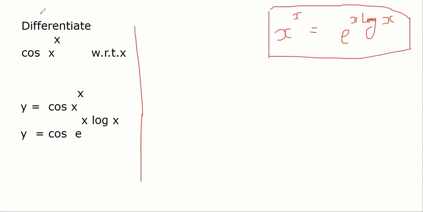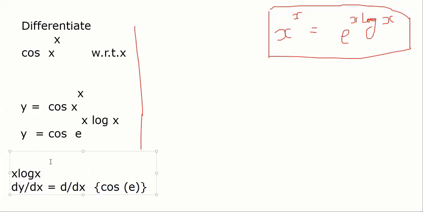So you have to do dy by dx. What will happen? dy by dx means d by dx of whatever function is given, cos of, in the bracket, what is there? e to the power x log x.